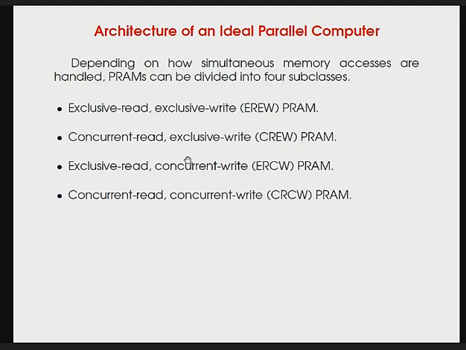Among these four subclasses, the last class is considered the strongest, or most powerful, model of the PRAM. The first model, because reads and writes are serial, is considered the weakest model.